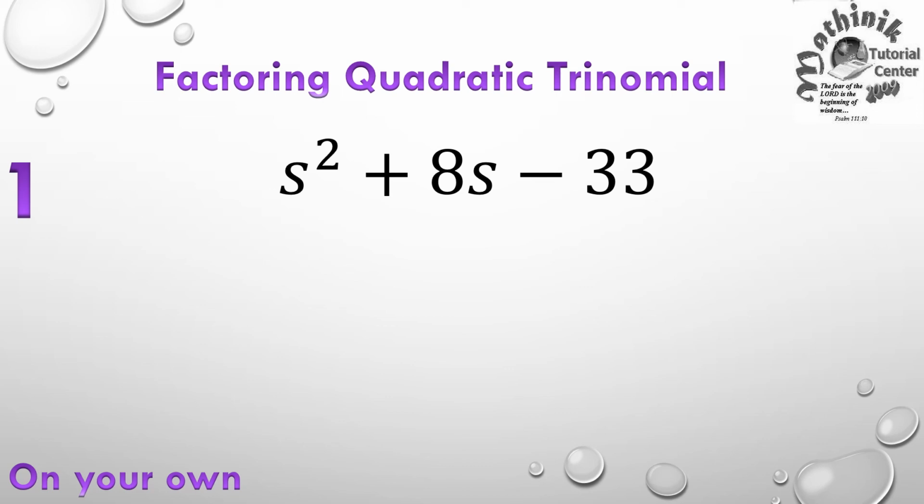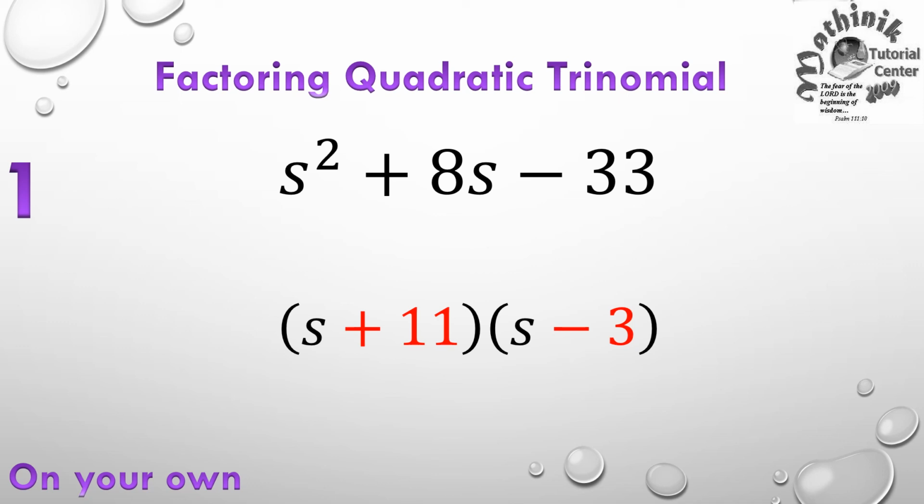So what are the factors? That is s plus 11 times s minus 3. 11 and negative 3 because their sum is 8 and their product is negative 33.